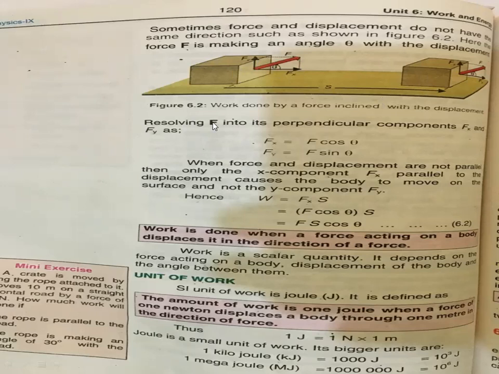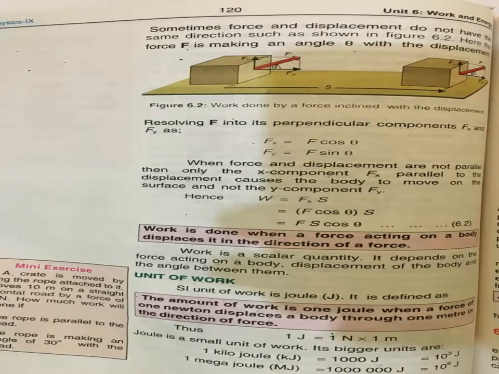So resolving F into perpendicular components Fx and Fy as shown in the figure. As we have already discussed in the earlier chapter, Fx is equal to F cos theta, and Fy is equal to F sine of theta. When we studied perpendicular components of the force, when the force is making some angle with the land or the earth, it is split into two components.